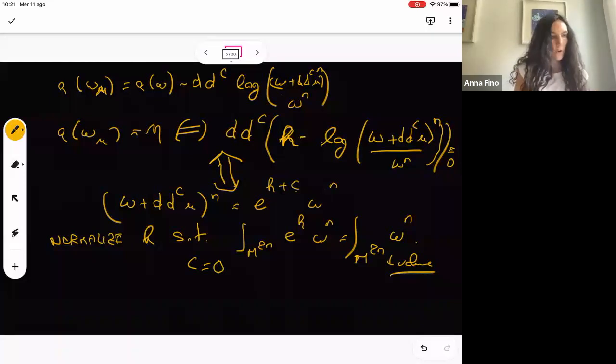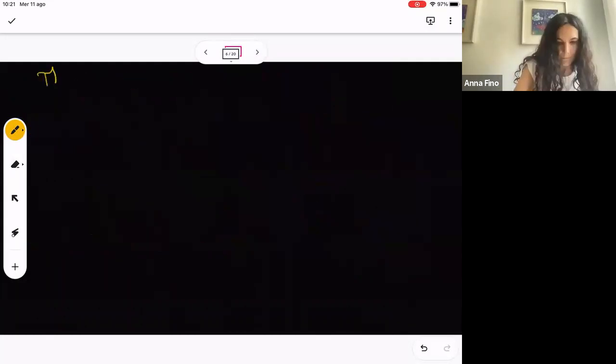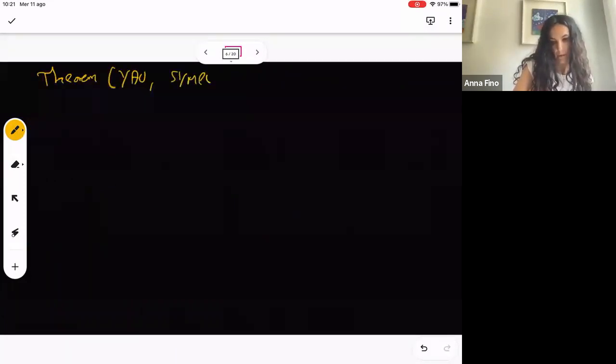So now we will write this Calabi-Yau theorem using the volume form, a normalized volume form, because we checked that it is equivalent. This is the same theorem of Yau, but the symplectic version.